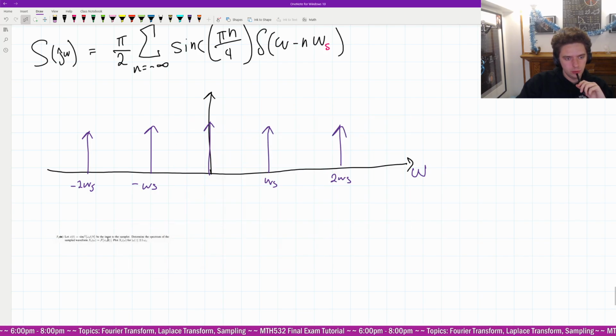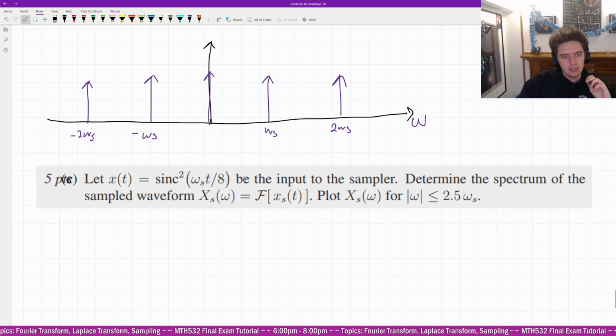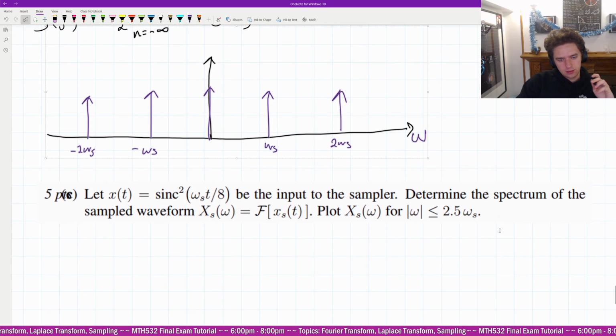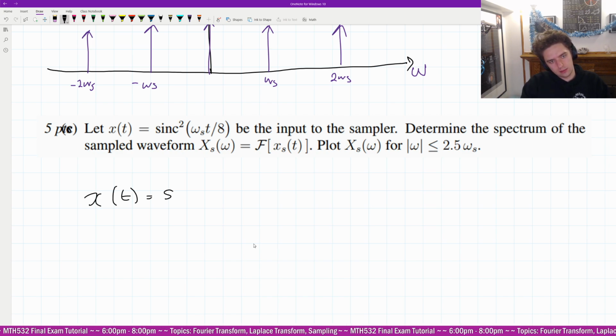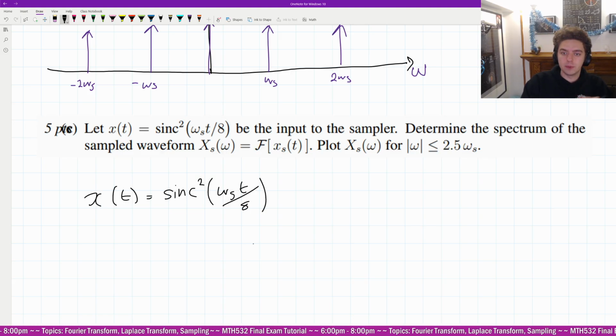So now to do part C, which is definitely going to use this, right? So let x of t be, whatever, some arbitrary signal, sinc squared of omega s t over 8, be the input into the sampler.